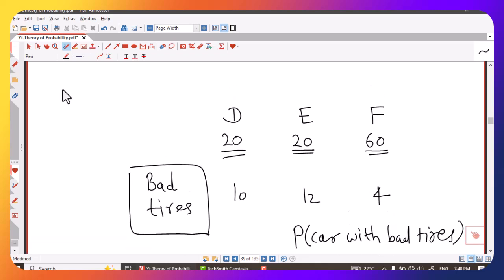So here we can see that if we take the total of these three, then it is 100%, 40 plus 60, that is 100.